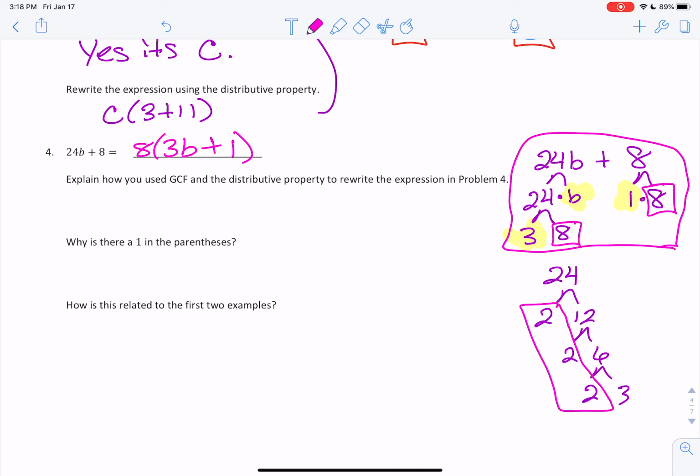All right, explain how you used the GCF and the distributive property to rewrite the expression. So the GCF is 8.